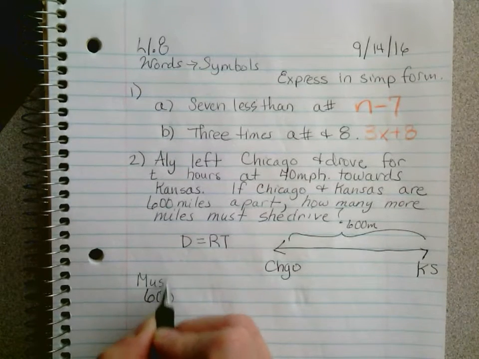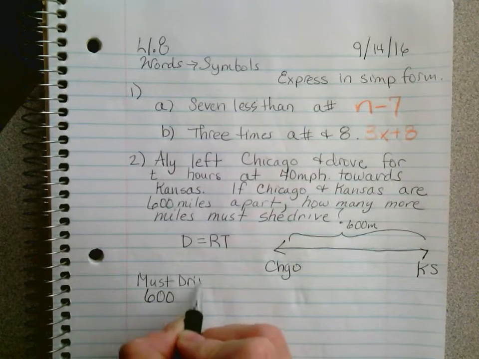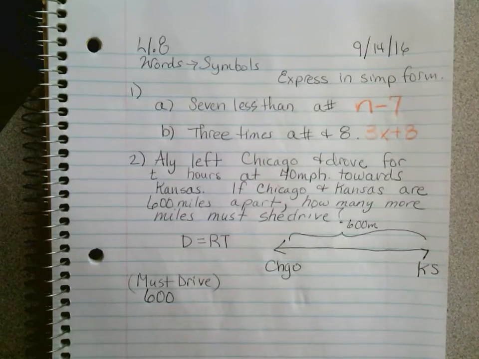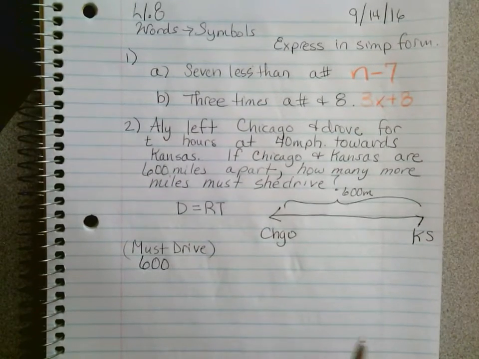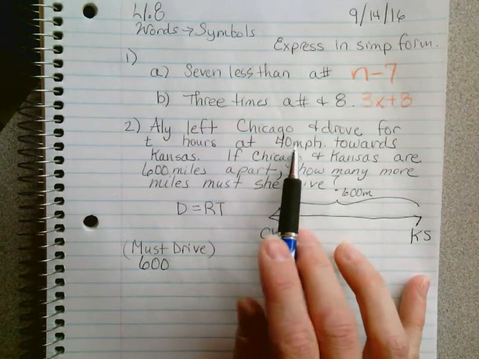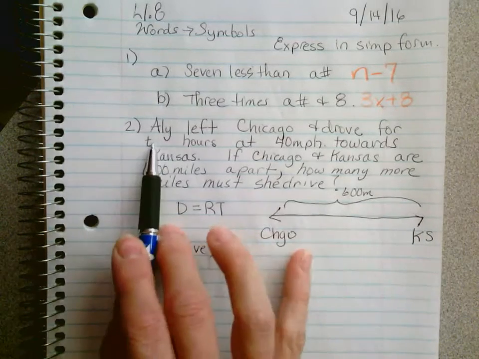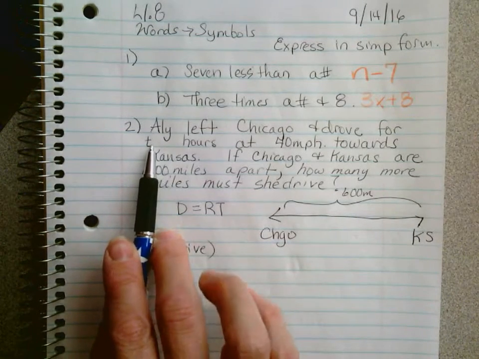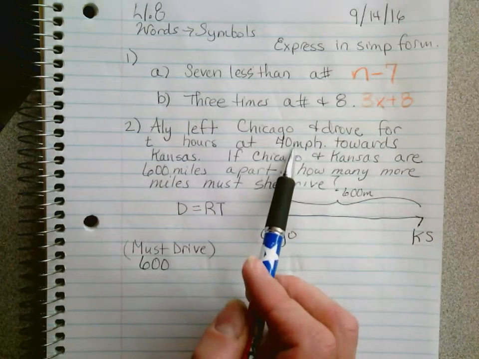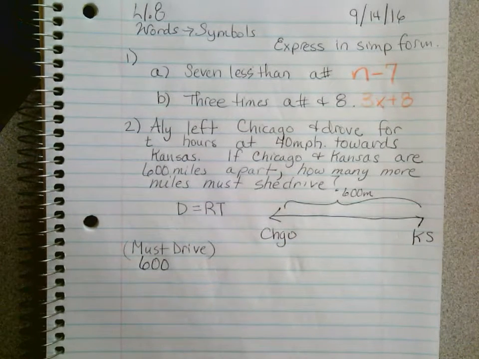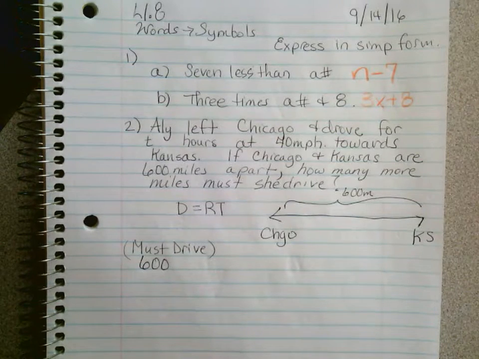This is what she must drive. As of right now, she has traveled this rate for that many hours, right? 40 for that many hours. Okay?